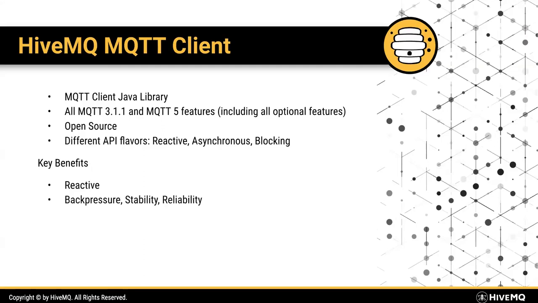It has back pressure built in, so if you use it for enterprise systems, you often need the stability and reliability of the services, and that the services don't get overwhelmed by too many messages. I will talk about back pressure later too. And I will also talk about the resource efficiency of the HiveMQ MQTT client and how it benefits all the use cases from embedded over mobile to backend systems.